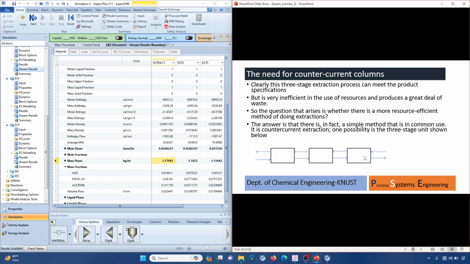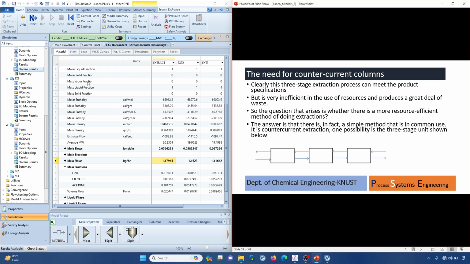Right? And at the exit of the unit, the already stripped, lean feed material that has already encountered some solvent meets pure solvent. Right? And overall, this improves the efficiency of the process in terms of resources and meeting the product specification.